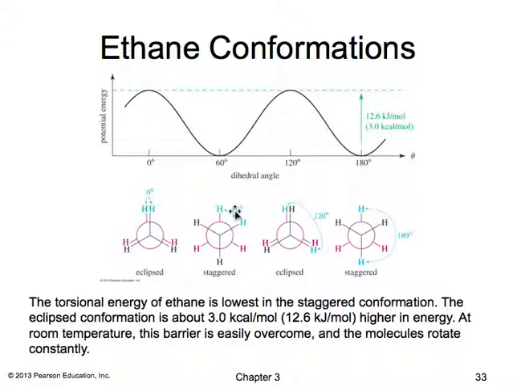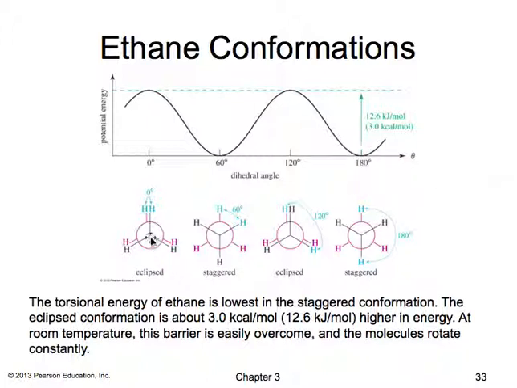Now if you turn it again, 120 degrees from where you started, we're again eclipsed, and you're going to increase your energy to 3 kcal per mole. Then when you turn it again, you're all the way anti, meaning staggered, and these two hydrogens are anti to one another on opposite ends. You then go back to zero.